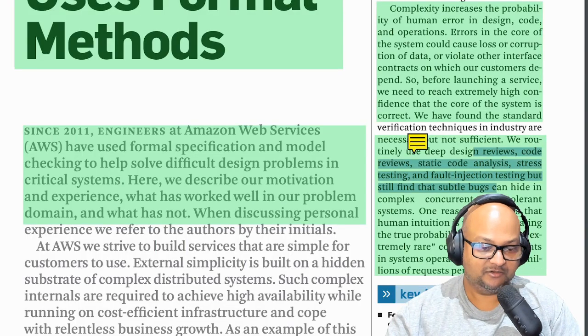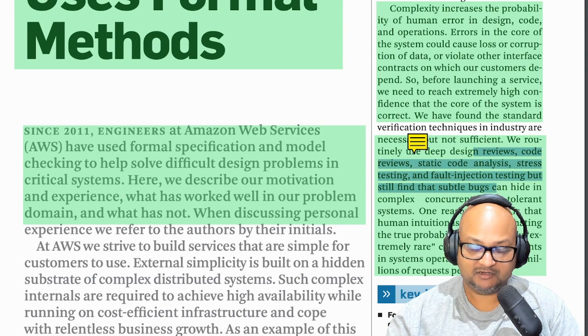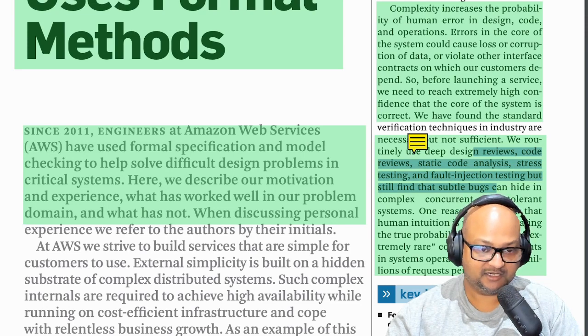So, why do we need formal methods? Systems like AWS are large and complex distributed systems, and it is notoriously hard to find and detect subtle bugs in such systems. And when you do have bugs, they can lead to really nasty things like data loss or data corruption.